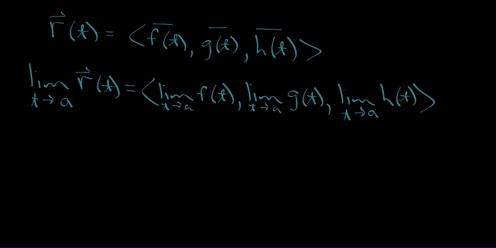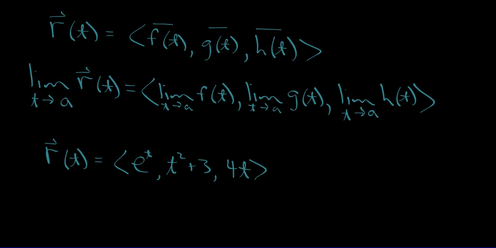So let's look at a vector valued function here. Let me write the function first. Let's suppose we've got this vector valued function, e to the t, t squared plus 3, and 4t. Just some random vector valued function.